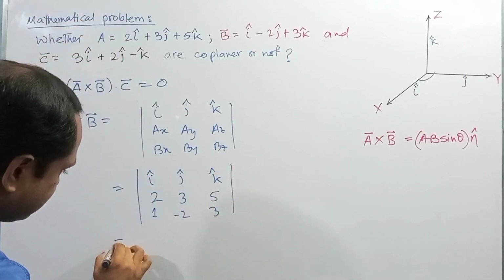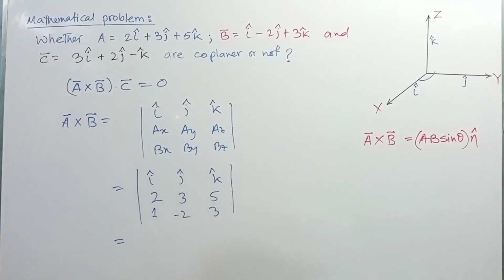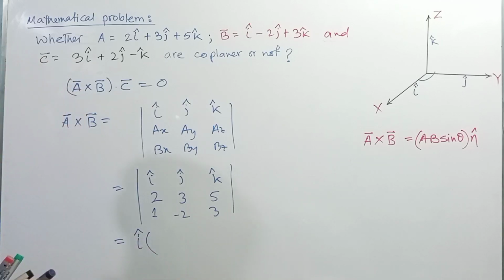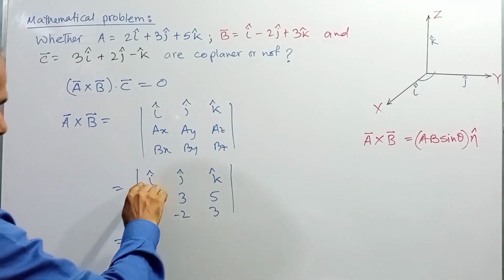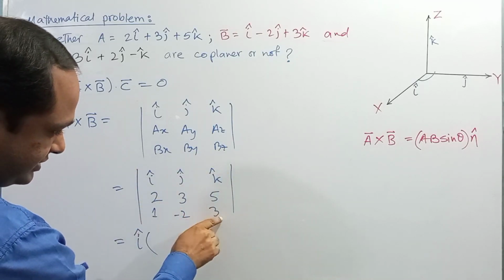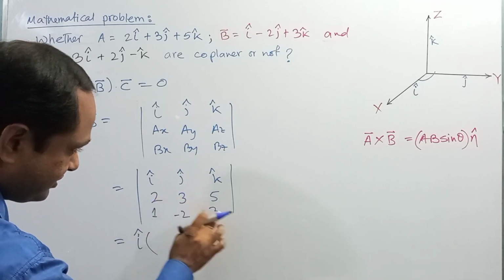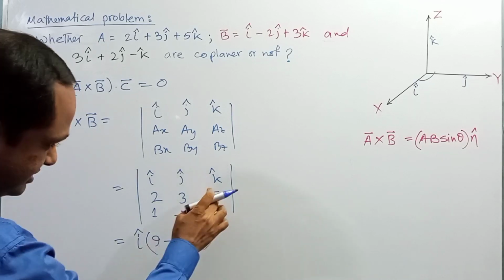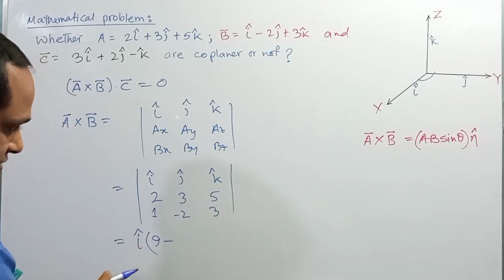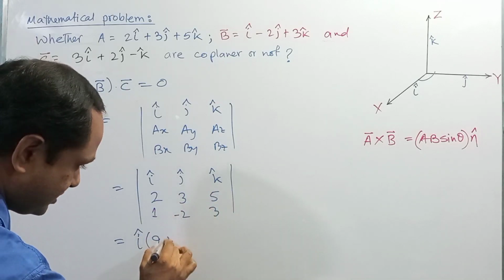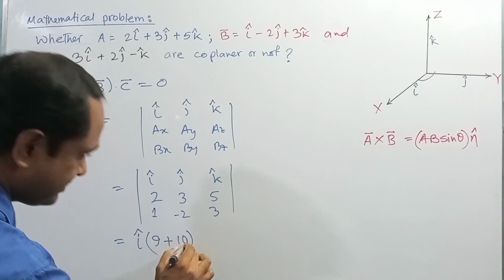Here, student, you know how we calculate the determinant. For i, we omit the row and column associated with i. So the product of this component and this component: first we multiply 3 with 3, that is 9. Then you use a minus sign, then multiply this component with this component. So here 9 minus 10.